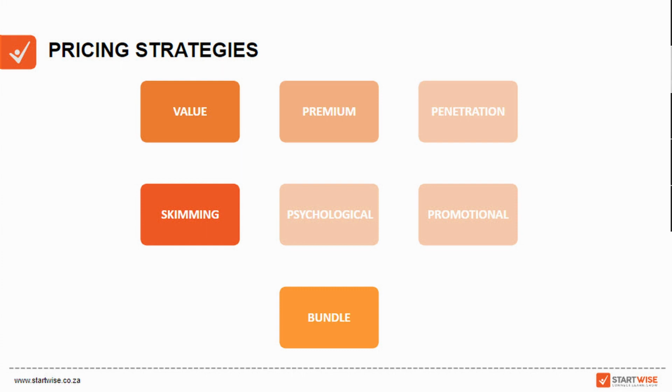Then, of course, you get promotional pricing, which could be used to grab the customer's attention. I'm sure you've all been into Clicks where they have their 2 for 3 specials, and that's an example of promotional pricing. So this could also be a strategy that you use in your business.